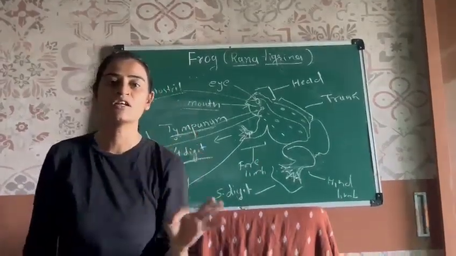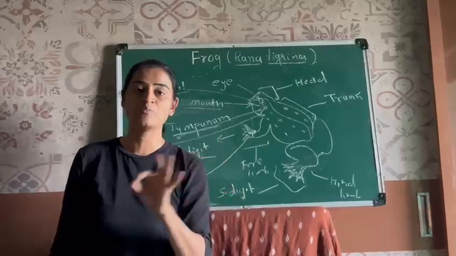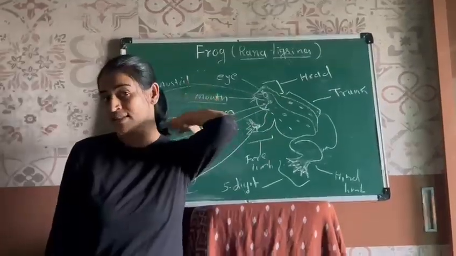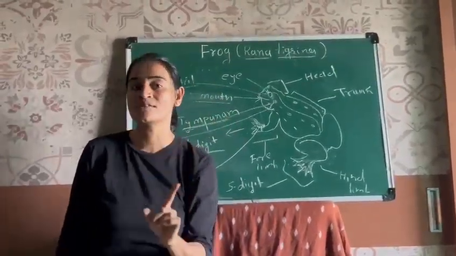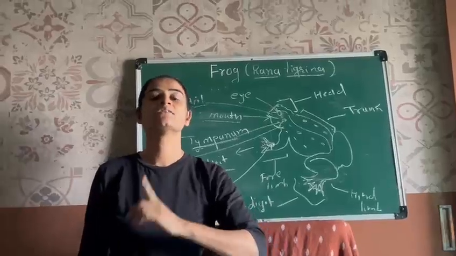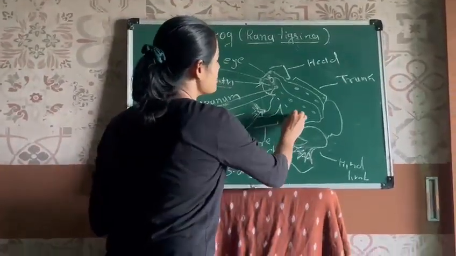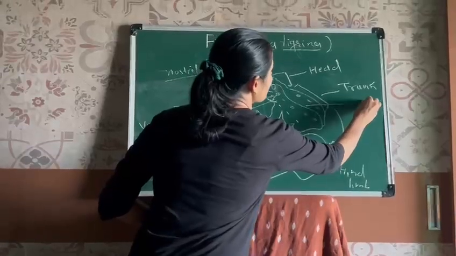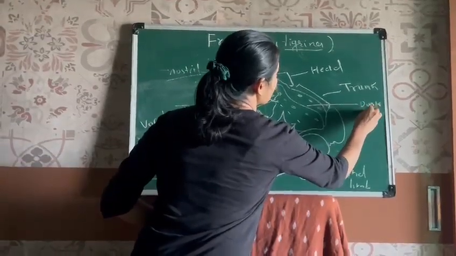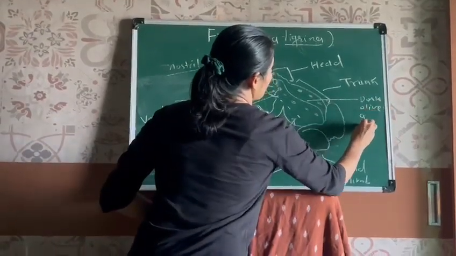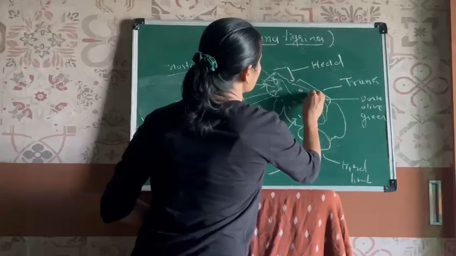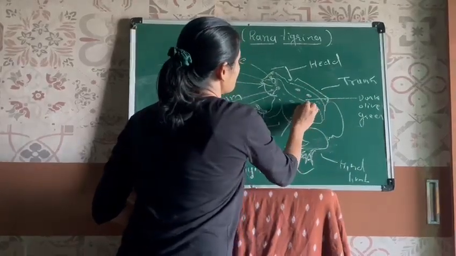In any animal with a vertebral column, the back side is known as the dorsal side and the belly side is called the ventral side. So the ventral side is pale yellow, and this is dark olive green, with some dark patches. You can see this.